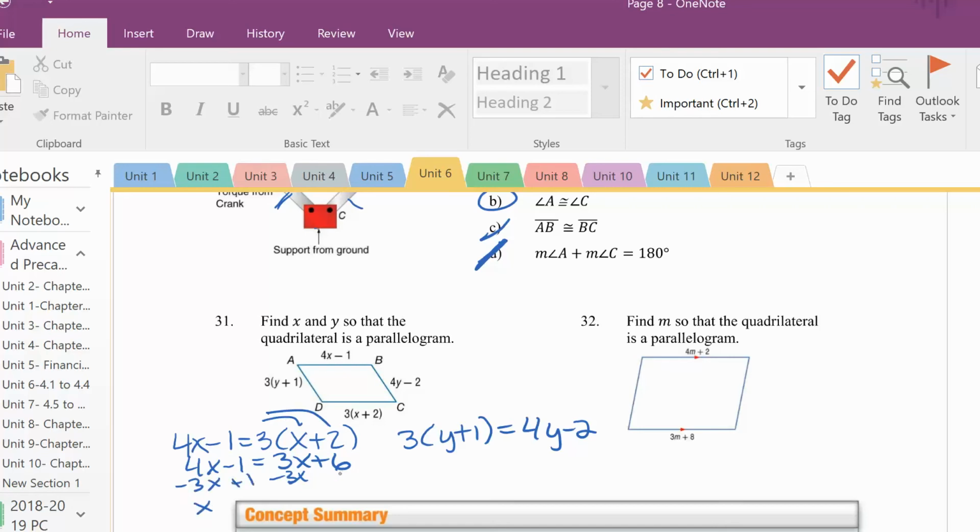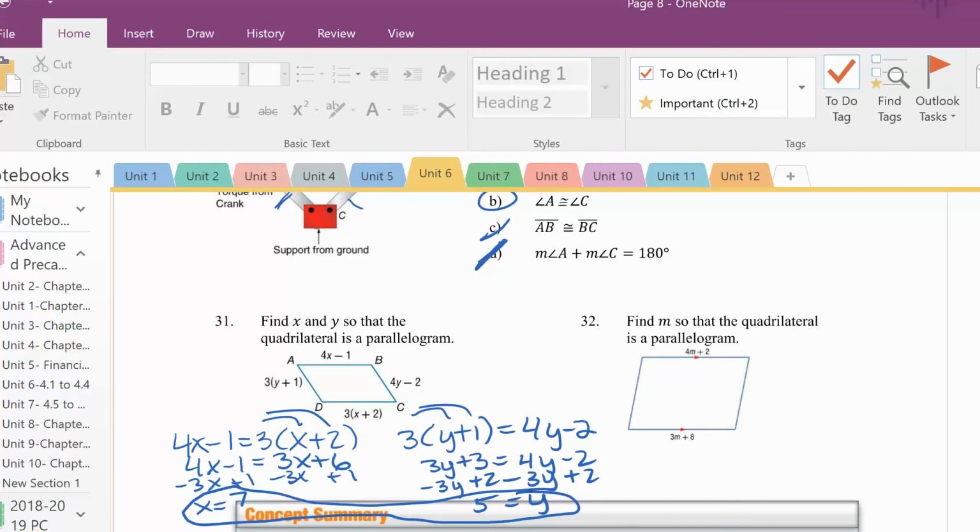And then move over the 1. So you get x equals 7, and then distribute here. Move over the 3y, and then add 2, so you get y equals 5. So x equals 7, and y equals 5 in order for that to be a parallelogram.